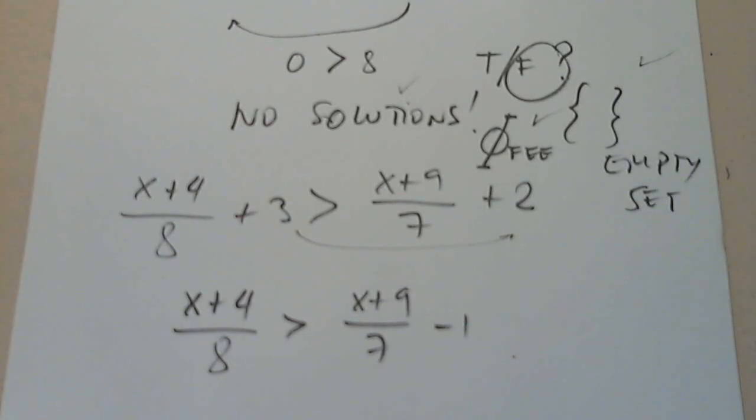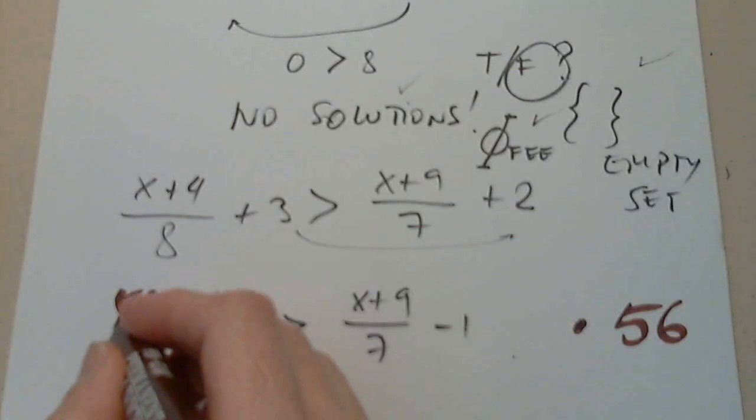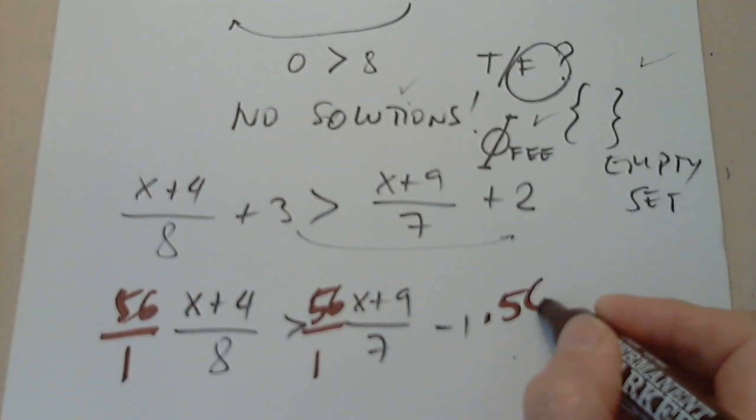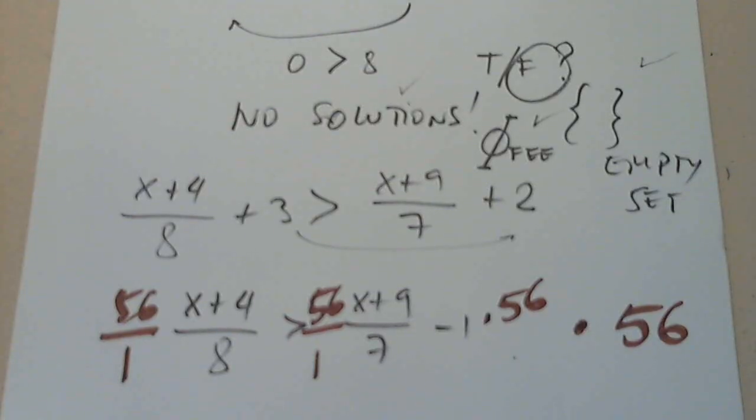I multiply absolutely everything by the same thing in order not to change the problem. So the least common denominator that I need to multiply everything by is 56. Indeed. So I have 56 over 1, 56 over 1, and 56. Everything, both sides, by exactly the same number.